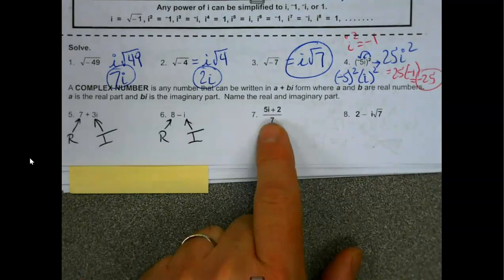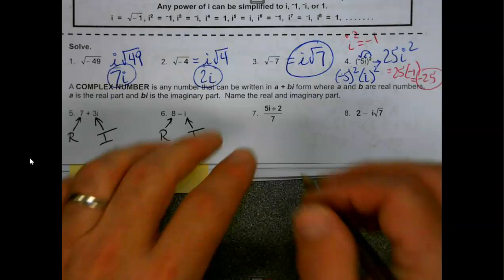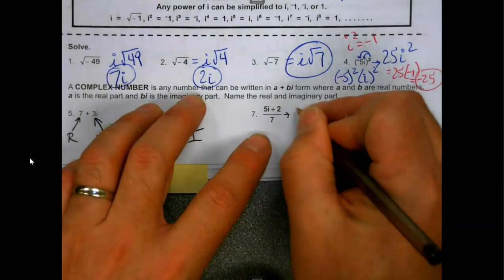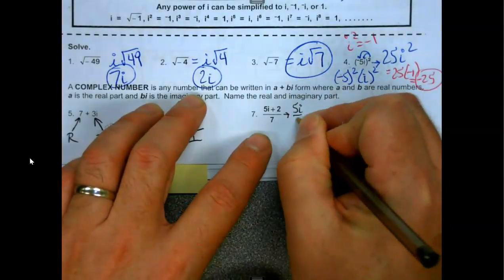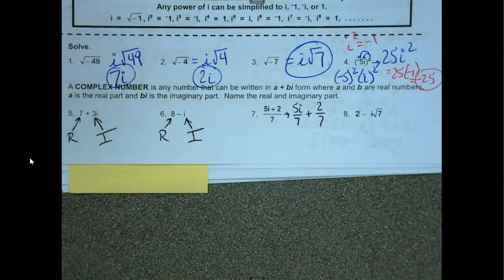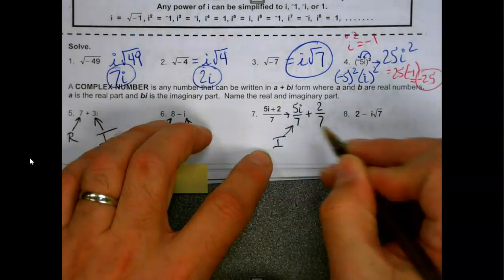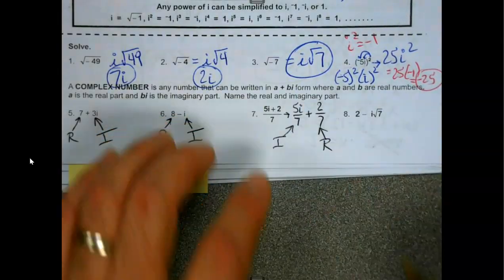But what about where you get into a part where there's a fraction like this? With this, it's going to be easier if I break it apart like this, because now I can say, well, this part has i, and this part doesn't.